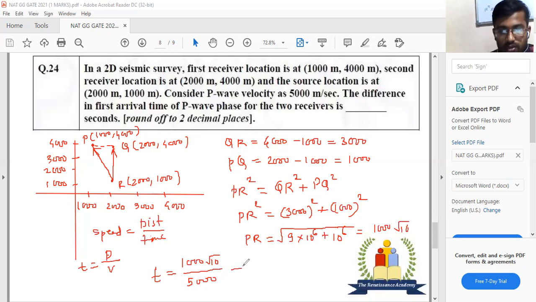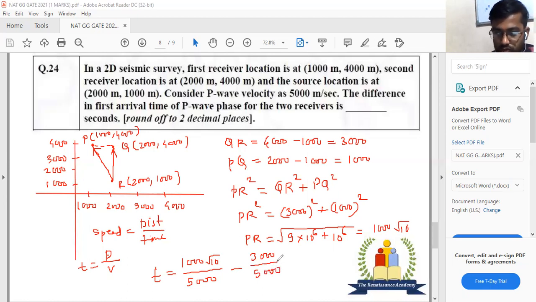This is for PR. And for RQ, the distance is 3000 meter divided by velocity, and you'll get the time for this.